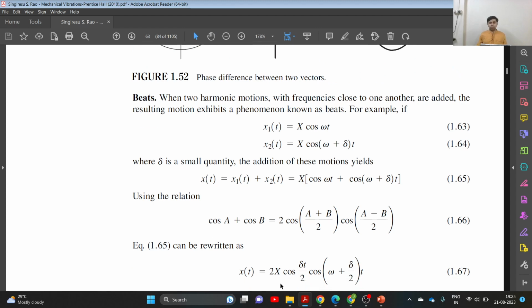So this addition of x1 plus x2 becomes a product of two cosine functions. One is varying as 2 cos of delta t by 2, into cos of omega plus delta t by 2.